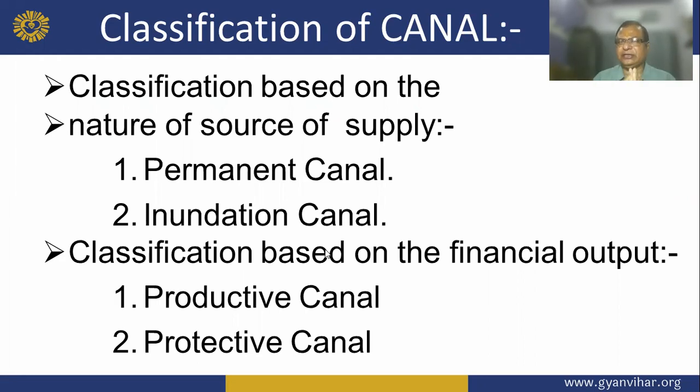Here, in some areas, if one basin has sufficient water, but it is not being used for agriculture, all the water is going to waste, and another basin needs water. So, you understand like this.